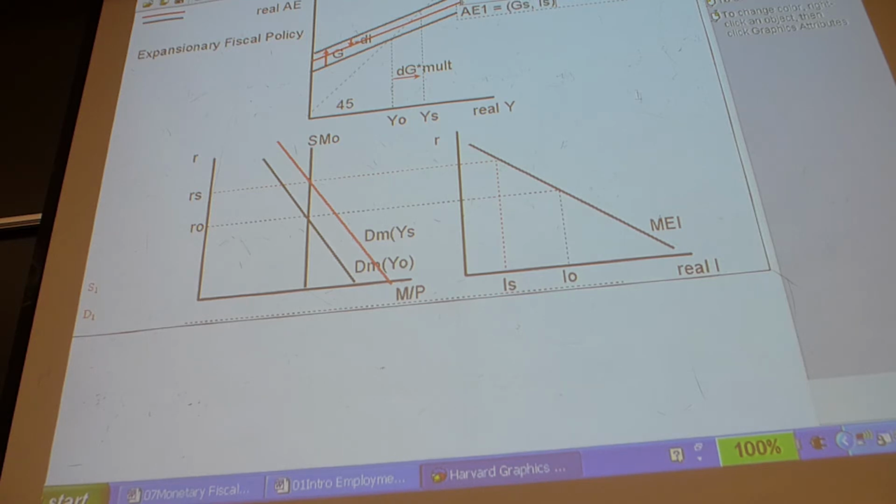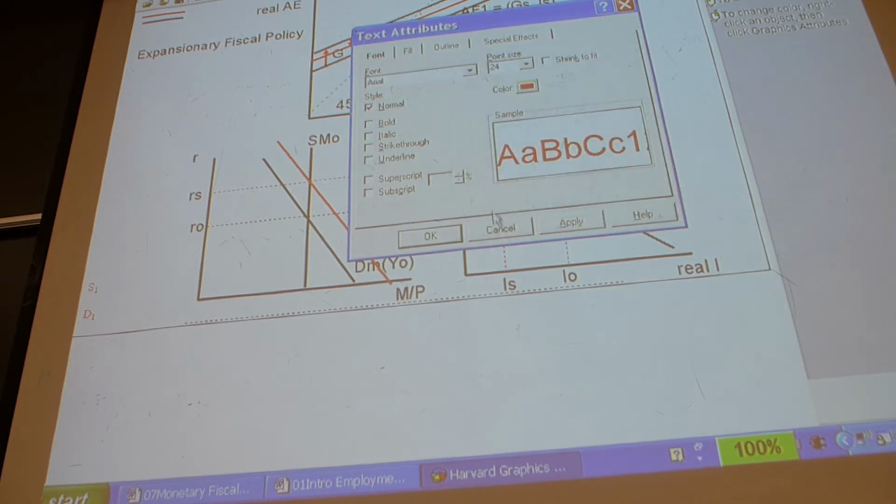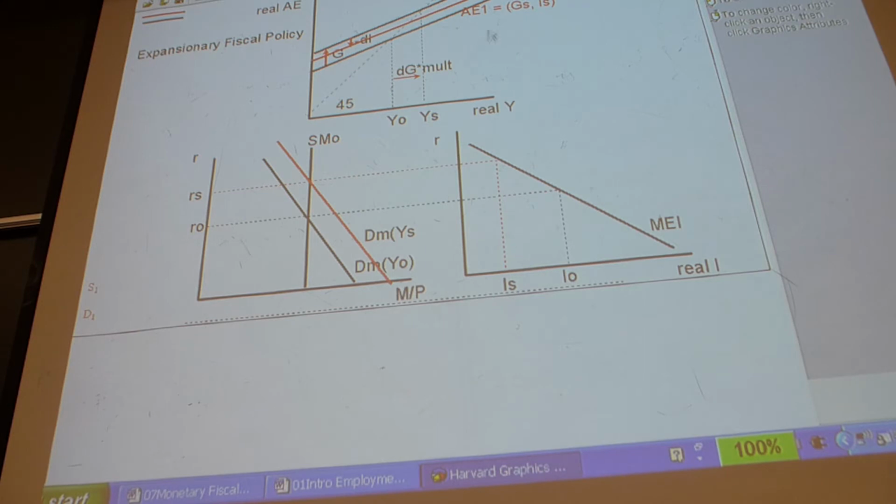Notice it's different than the original, that was IO. Okay, so you realize that's what that is. Okay, stick it up there. And then that gives us this equilibrium.